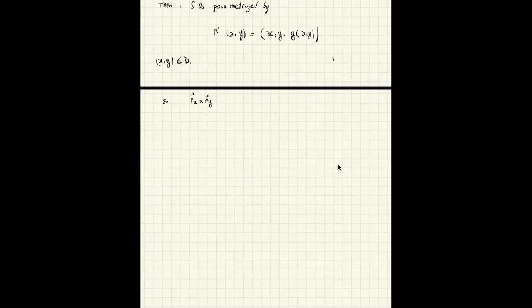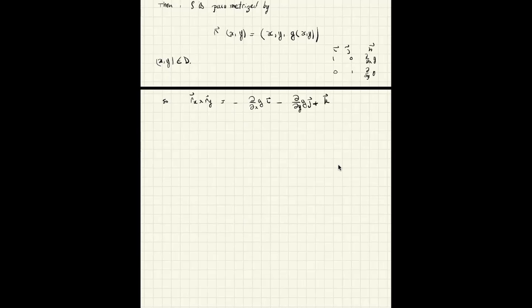There's a typo. So it's r_x cross r_y, which is minus dg/dx i minus dg/dy j plus k. Okay.